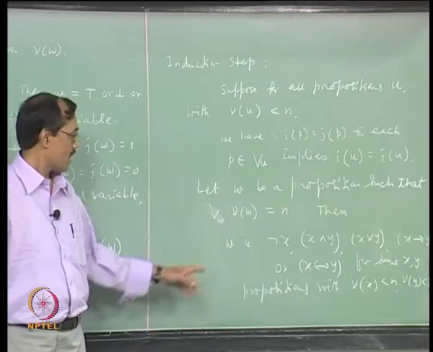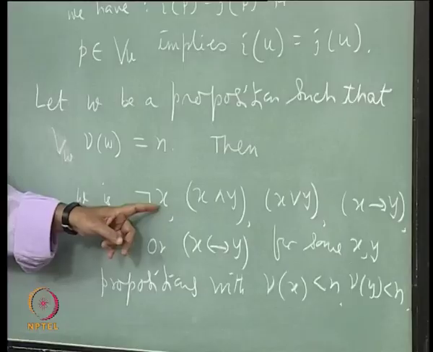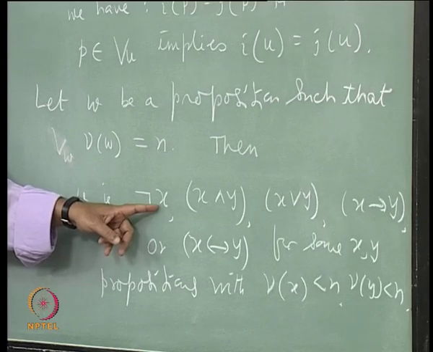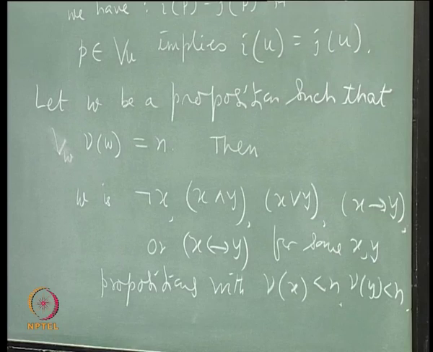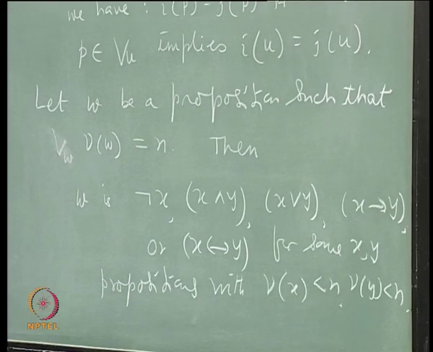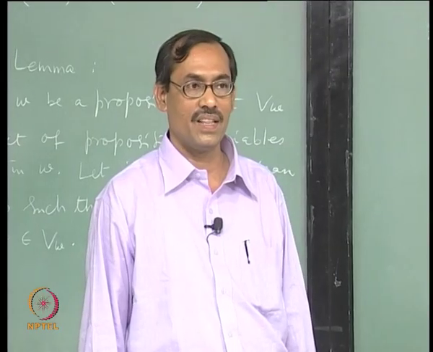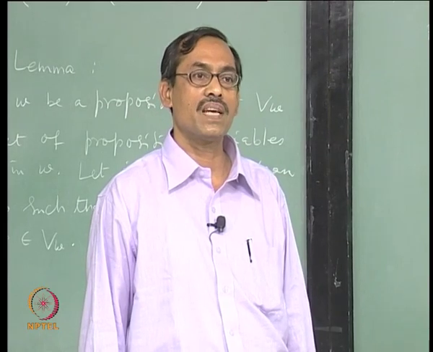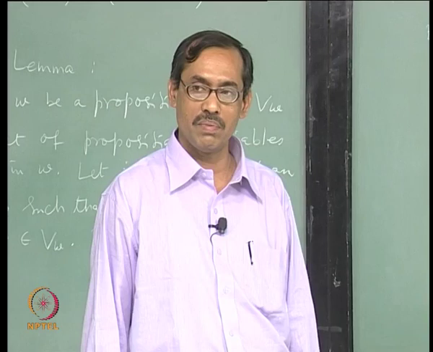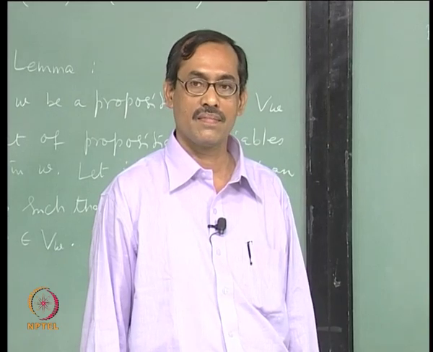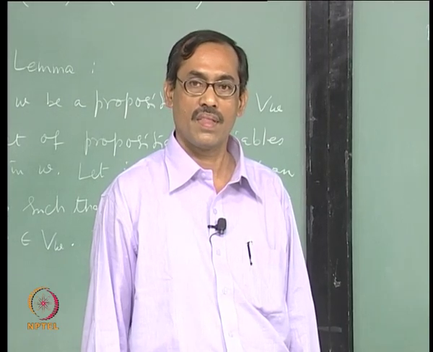Okay. Now, what happens? I of x equals j of x, then by definition of not, I of not x is j of not x, all the things go similarly. Is that clear? In fact, there is nothing more to it than telling that the Boolean valuation can be extended uniquely, and that is because we have proved the unique parsing theorem. Is that clear?